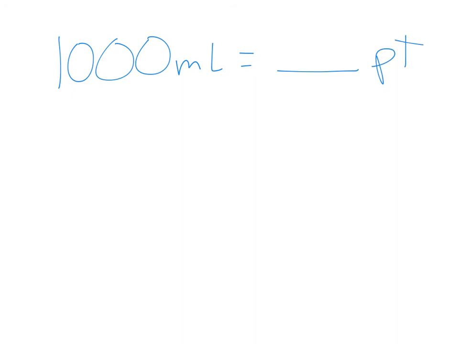Let's say we have 1,000 milliliters, and I want to know what that is in pints. So milliliters and pints. I'm looking for a known that says pints and milliliters, or milliliters and pints. I do find that 1 pint is the same thing as 480 milliliters.